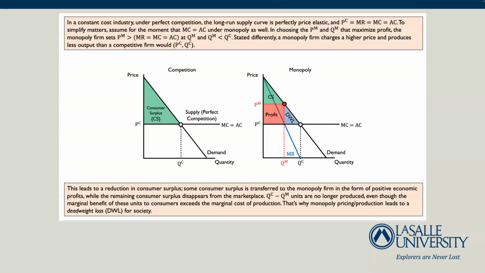This leads to a reduction in consumer surplus. Some of that consumer surplus is transferred to the monopoly firm in the form of profits, while the remaining consumer surplus simply disappears from the market, and that's why there's this deadweight loss, or lost social surplus, lost consumer surplus, associated with monopoly pricing and production.